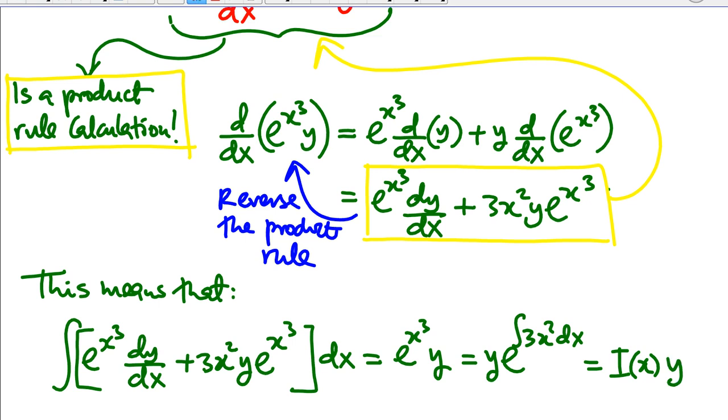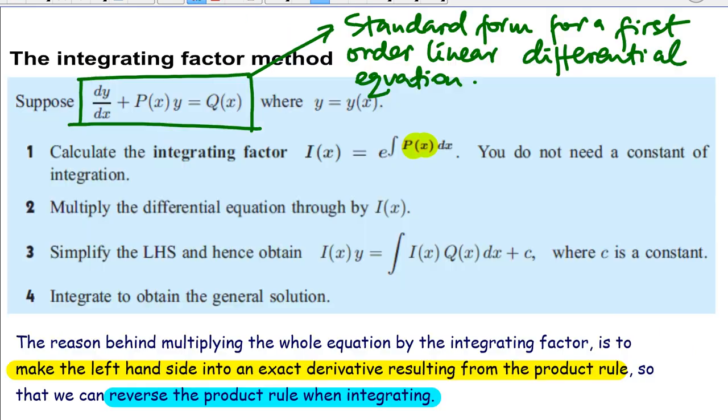Now the reason why I'm going into all these stories here is to help you understand why after integrating here you end up with that bit. This is after reversing the product rule.